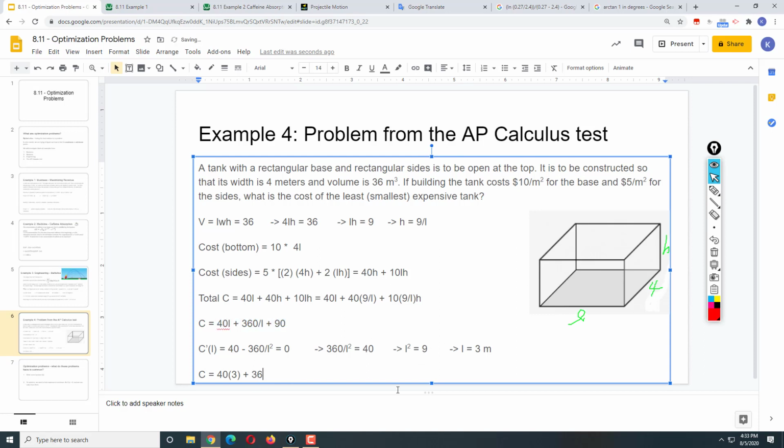So it's 40 times 3 plus 360 divided by L, which is 3, plus 90. That's 120 plus 120 plus 90. That's 240 plus 90, 330. So the least expensive tank costs $330. Again, all we did was figure out the cost. That's the hardest part, that's this function. Take the derivative, set it to 0, solve for L, plug this back in.